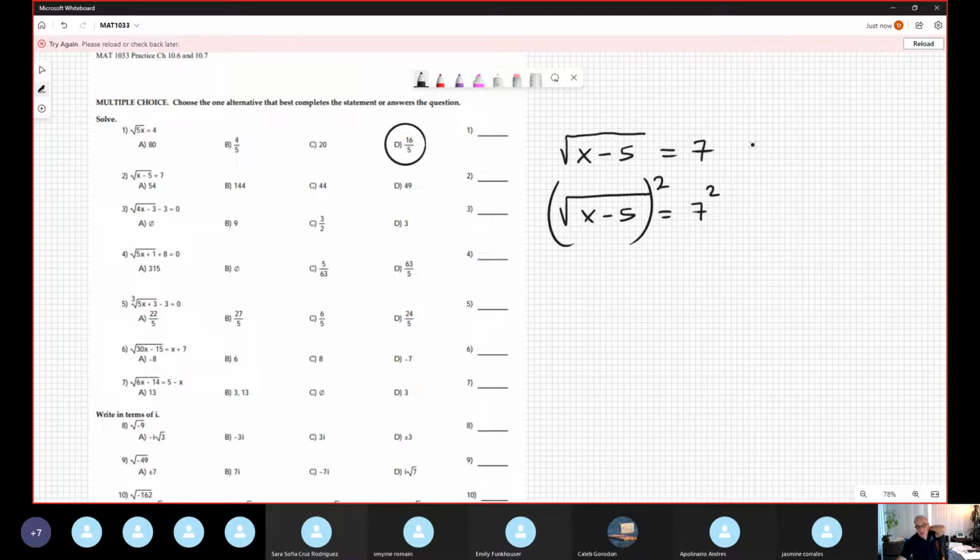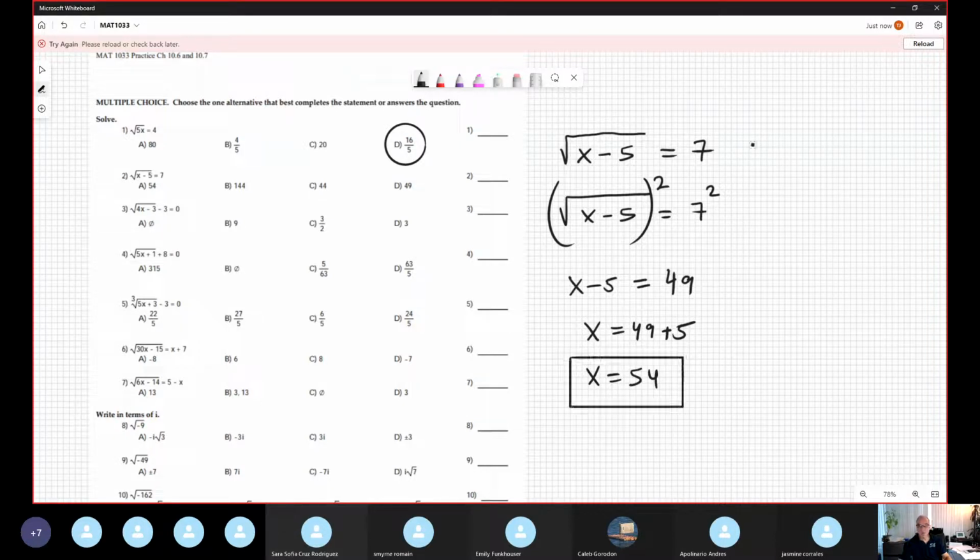See, the index is 2 because we are working with the square root, so we square. So x minus 5 equals 49. The x is equal to 49 plus 5, 54, no? 54. This is my potential solution.